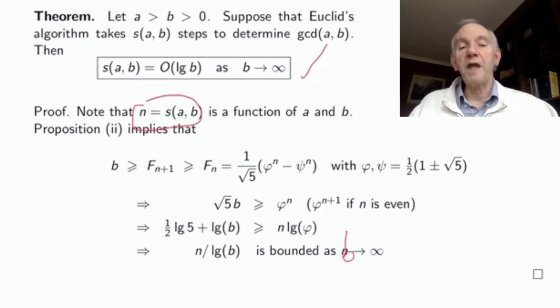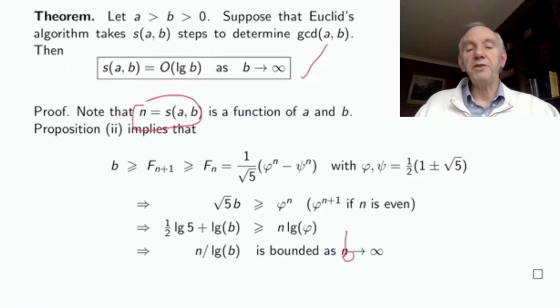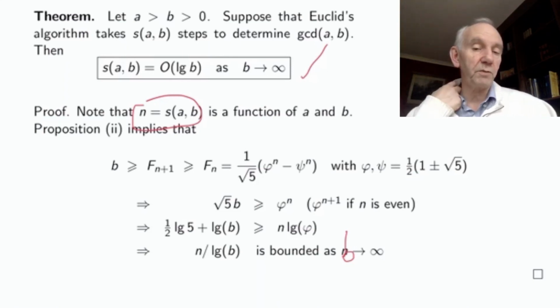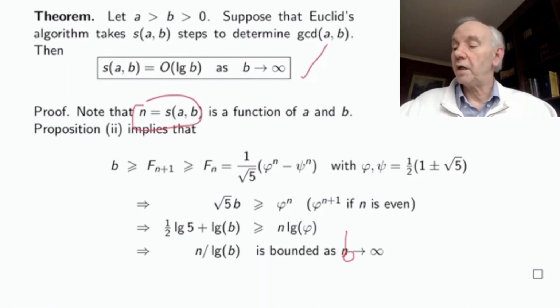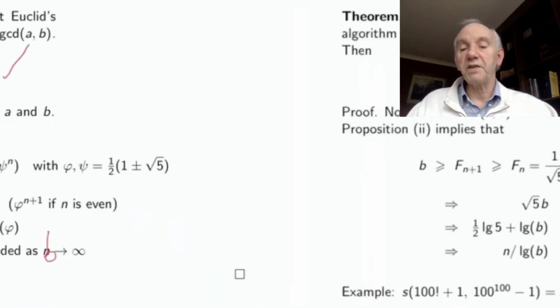It's like the algorithm we had for taking powers, taking an integer to the exponent of another integer, where the number of multiplications you need depends on the log of the exponent. Here we've got a similar result for Euclid's algorithm. And that means it will execute very quickly when you ask the computer to work out the greatest common divisor of very large numbers.